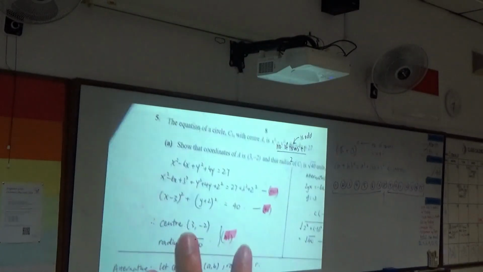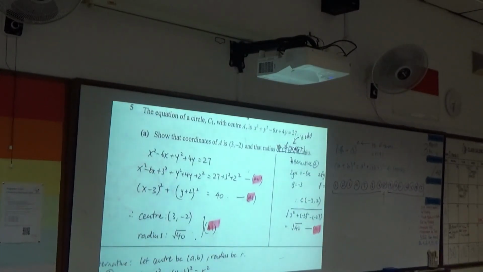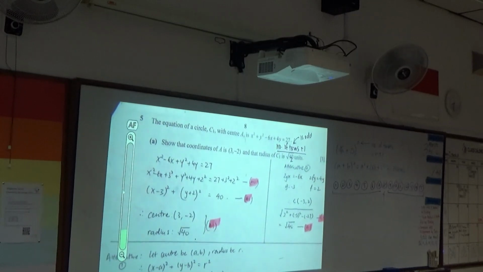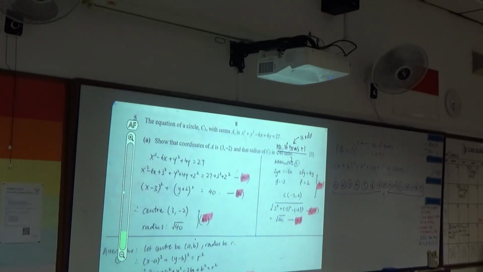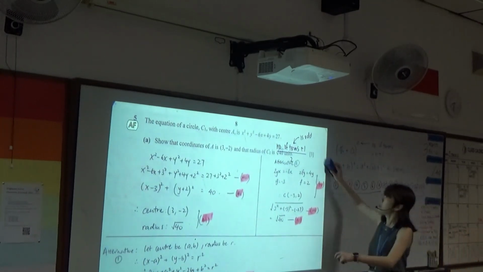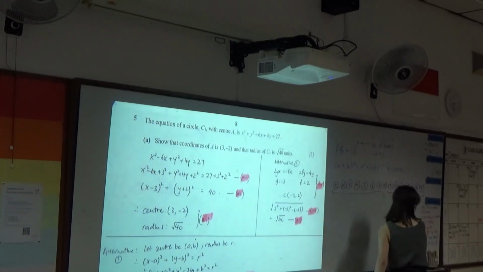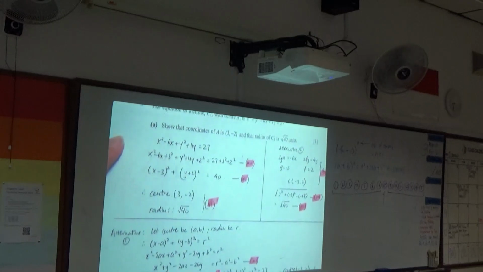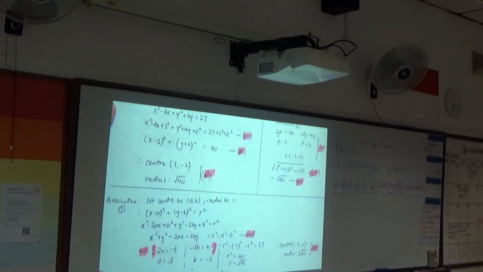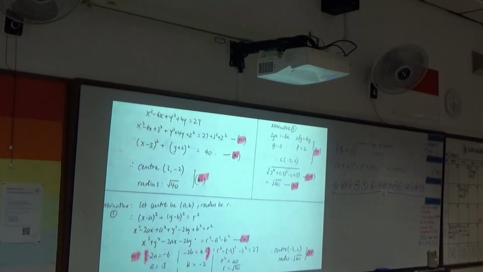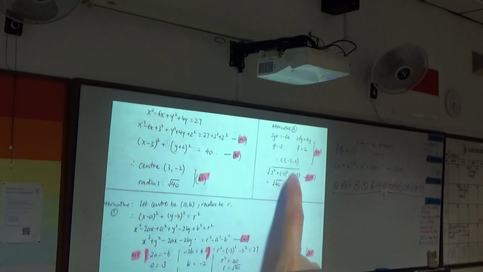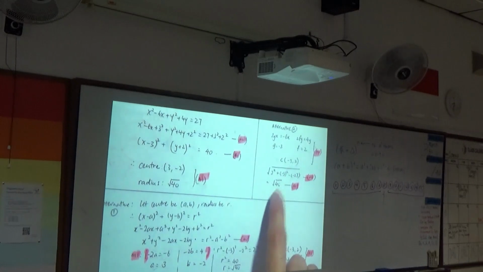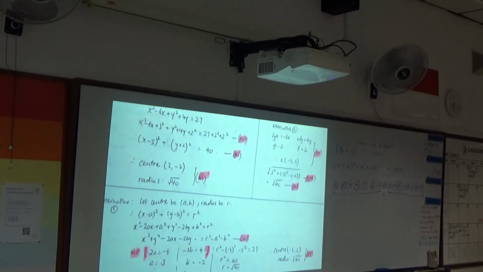Now, question 5, actually, I am quite pleased with the answers that you have given me. Generally, most of you are able to get the correct answer. There are many ways of solving part A. Whichever method you choose, your center should be 3, negative 2, and your radius should be square root 40.